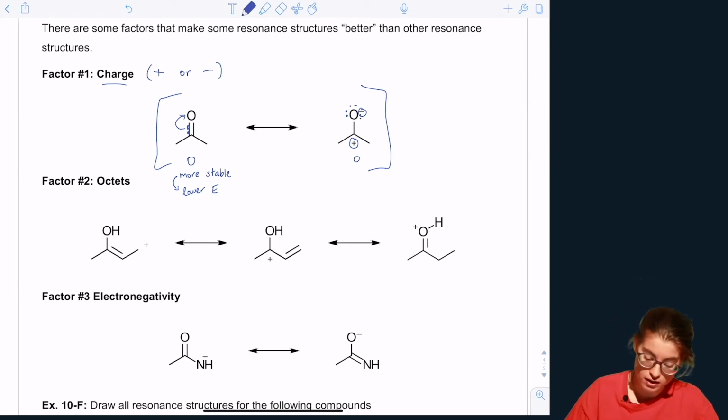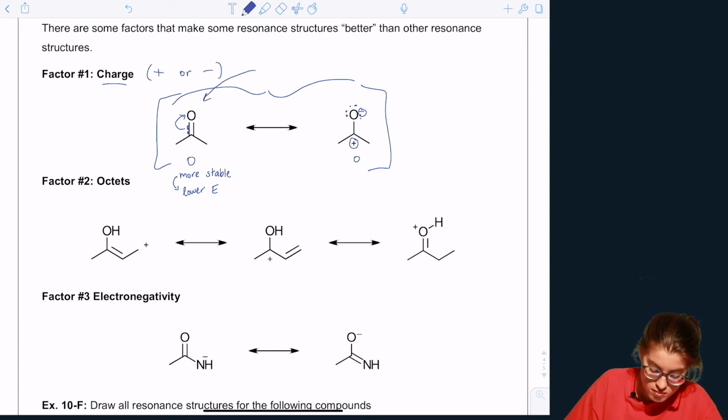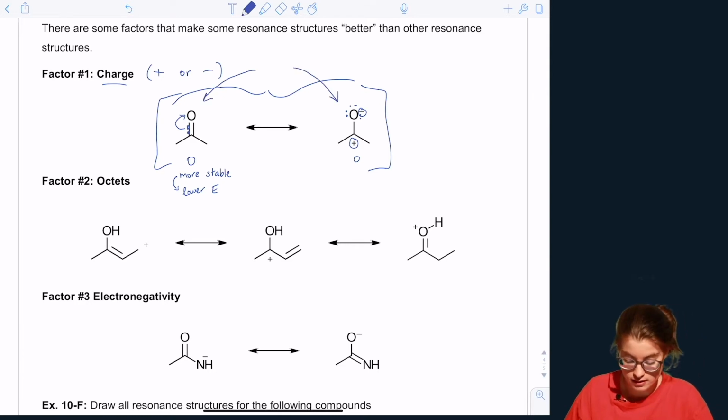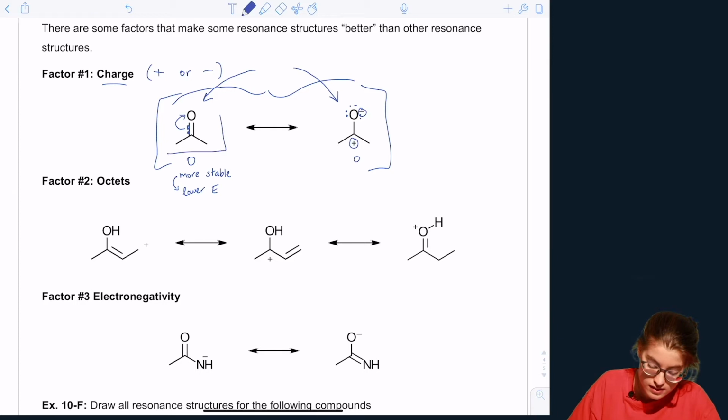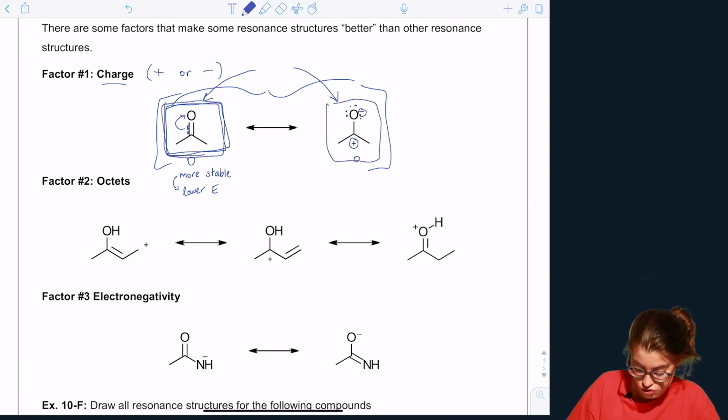So the hybrid of these two resonance structures looks a little bit like this one and a little bit like this one. But because this contributor is more stable, the hybrid actually looks more like this structure than this structure. And so we say that this is the major contributor and this one is the minor contributor.